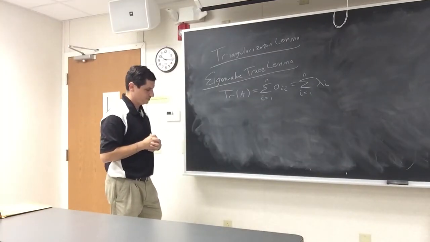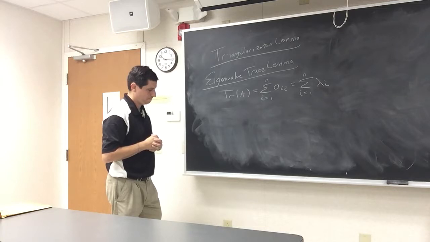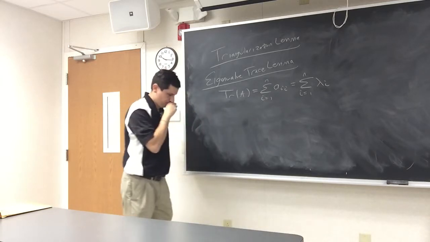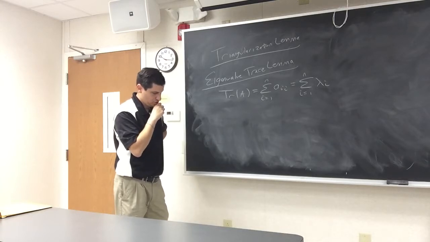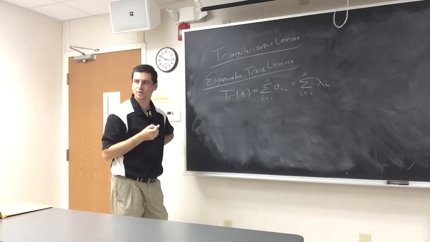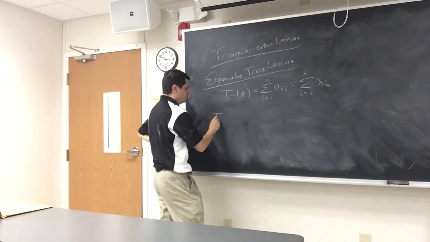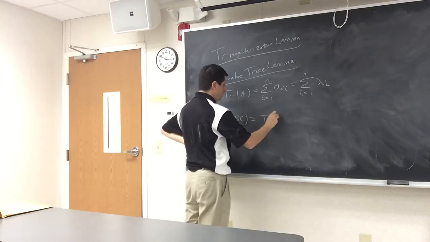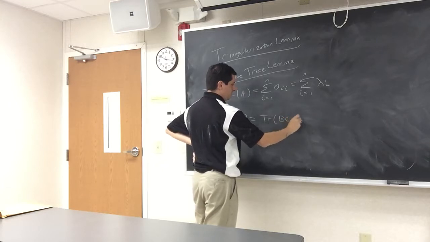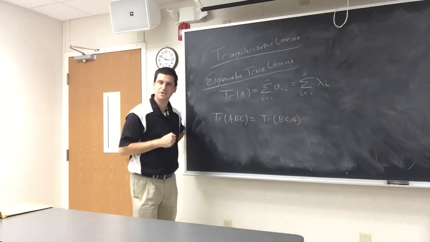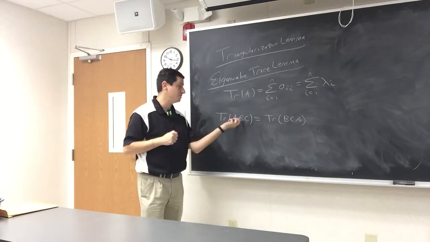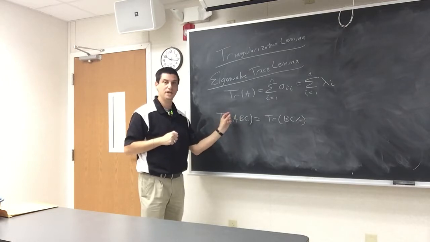There's a couple of different proofs. One idea is to look at it through the characteristic polynomial. I'm going to instead use the following. The trace of ABC is the trace of BCA. Have you seen this result, that the trace is cyclic? This is not the same as the trace of AB is the trace of BA.